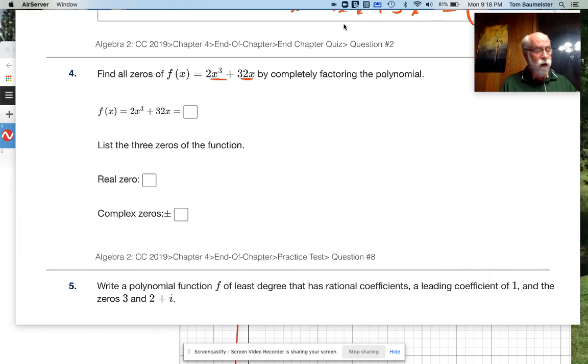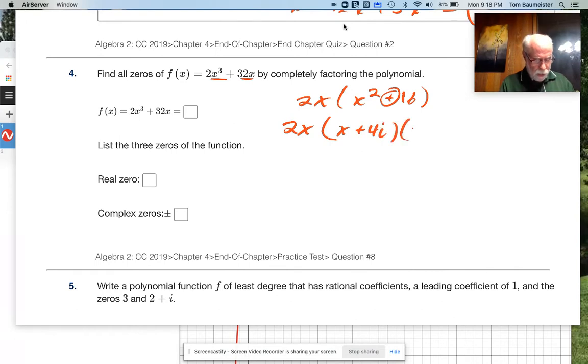If I factor out a 2x, what's left in parentheses is x squared plus 16. Remember, if this is a plus here, the only way that's going to work is if I have x plus 4i and x minus 4i.